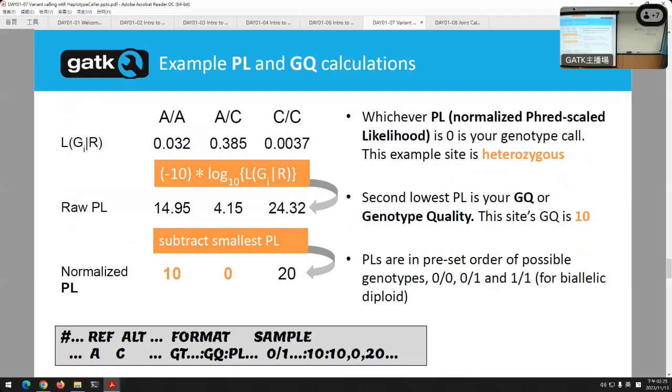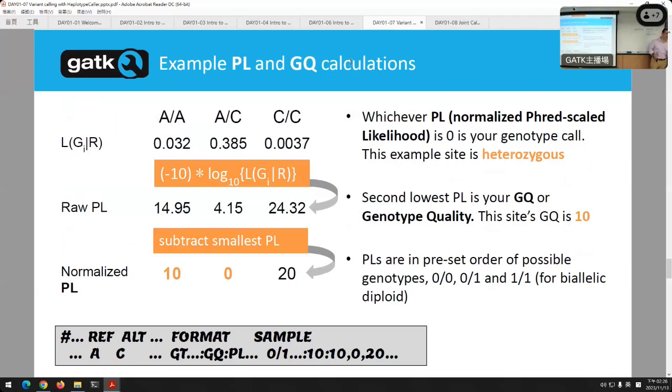The next thing that we want to do: that raw PL, PL is a Phred scaled likelihood. That's how we represent the math inside the file. But 14.95 and 4.11, we lost our integerness. So what we do is we normalize it so that the most likely one, because we've done negative 10 log 10 of the error, the lower number is better.